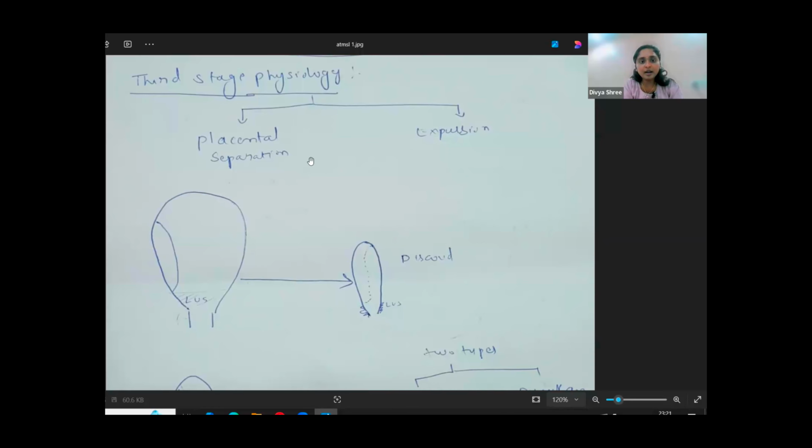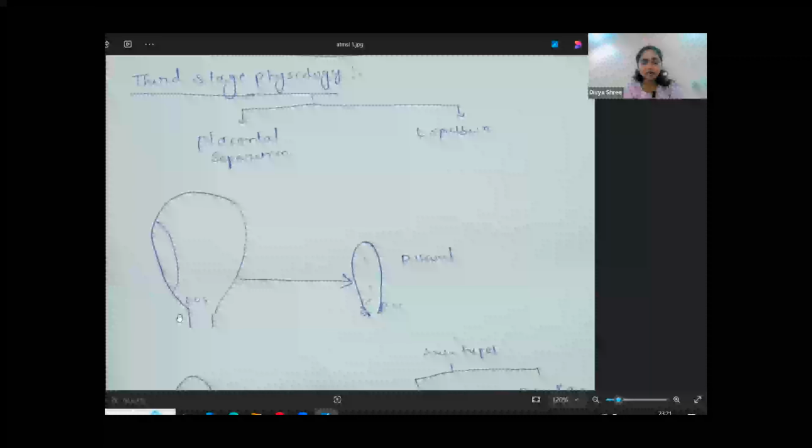So we have to understand first what will aid this placental separation. This placental separation is aided by a very important cause, that is the uterus, which was so big during the pregnancy, comes to a very normal size. It comes just below the umbilicus and becomes discoid in shape.